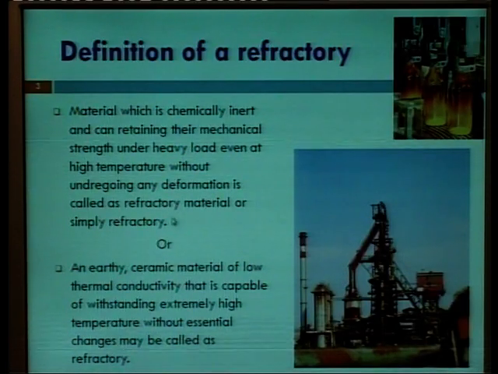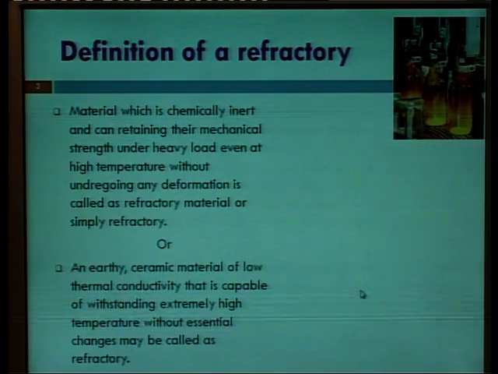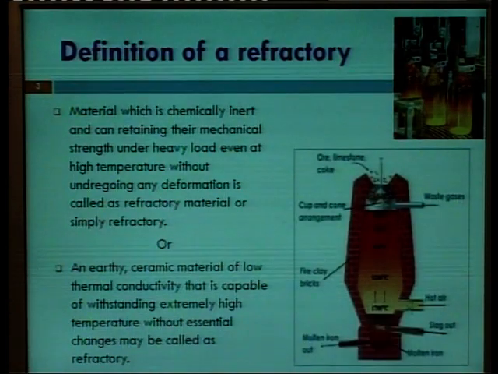To elaborate, what is the meaning of this refractory definition? You have studied in the previous class, that is first semester, the manufacture of steel by open arc process, LD process, and manufacture of iron from hematite ore using a blast furnace. This is a picture of a blast furnace, and you must have drawn this type of figure.